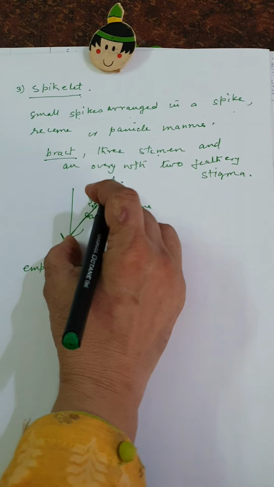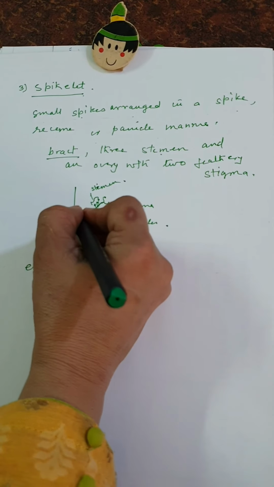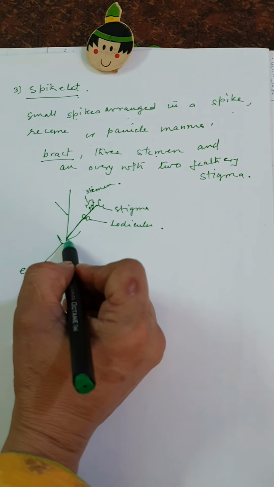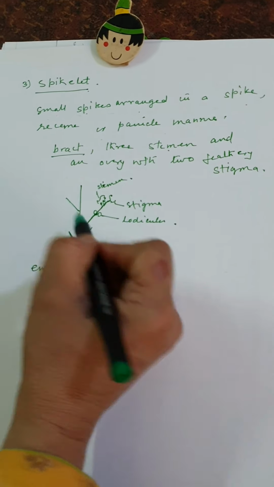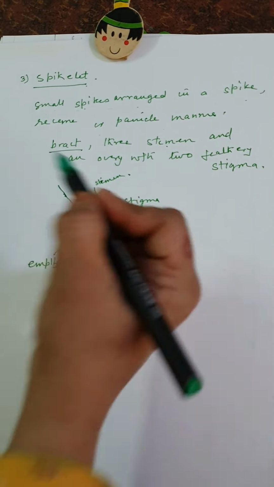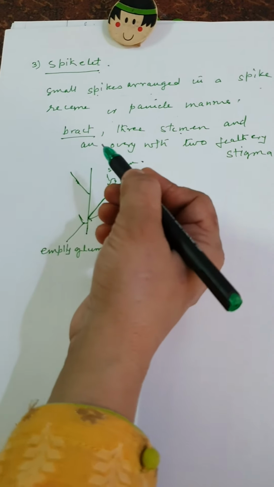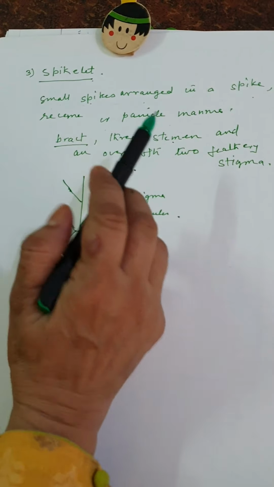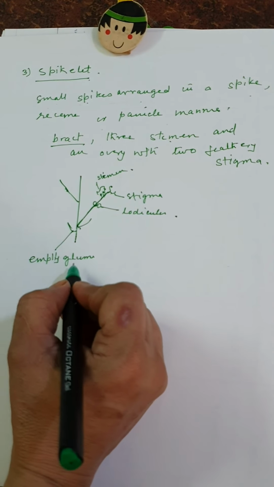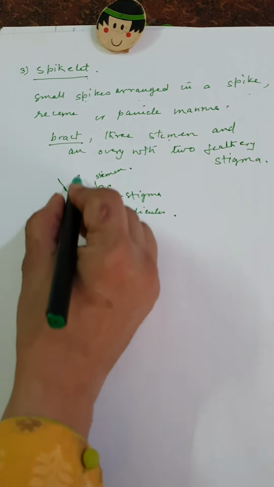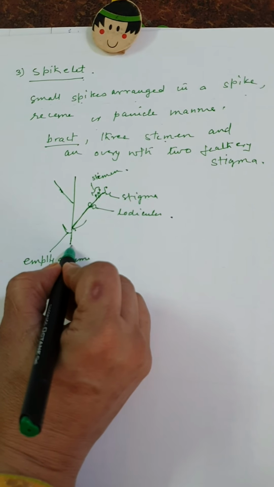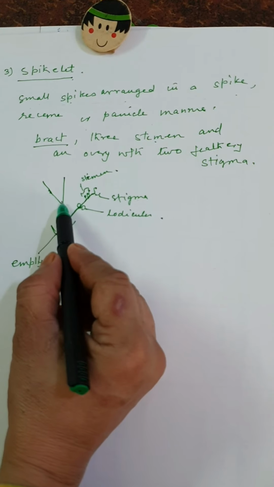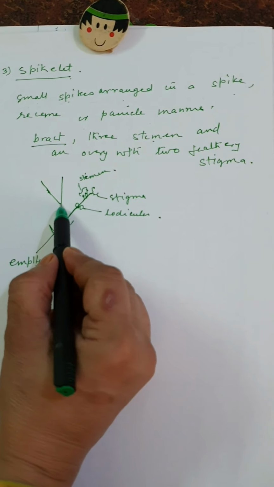Exactly the same type of structure is also present, but in an acropetal manner. That means older at the base and younger at the apex, on the upper side. So the spikelet type of inflorescence has an elongated main axis, that is the peduncle, and the floral axis is in an acropetal manner.